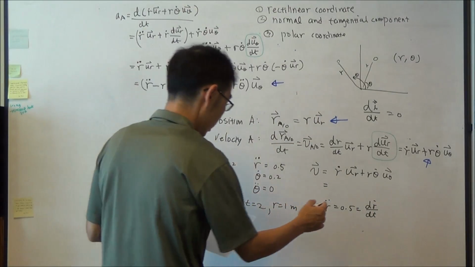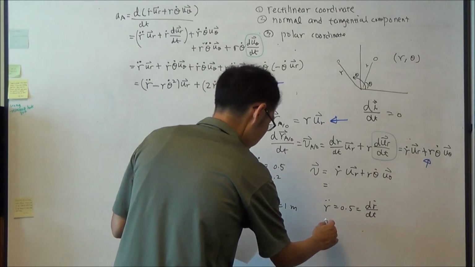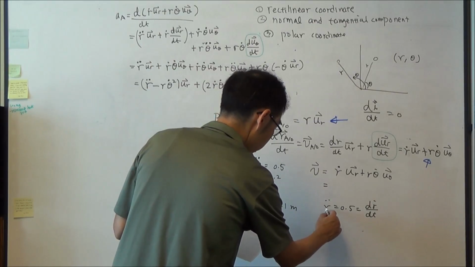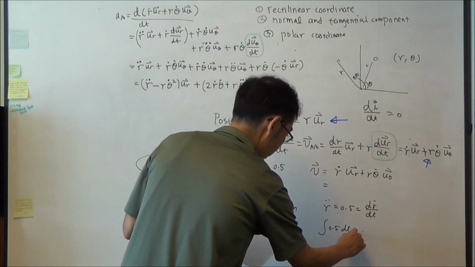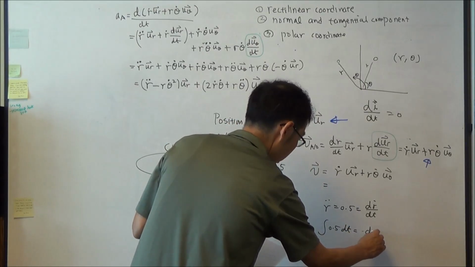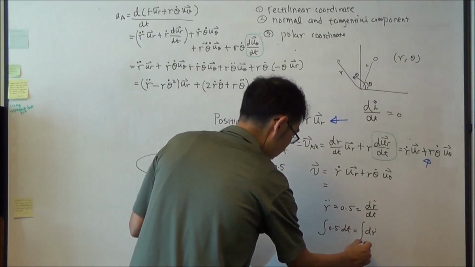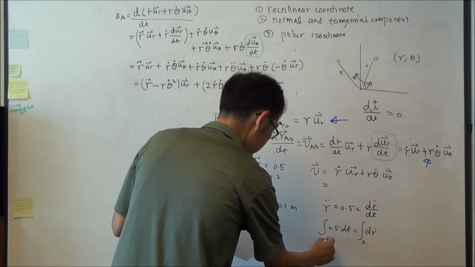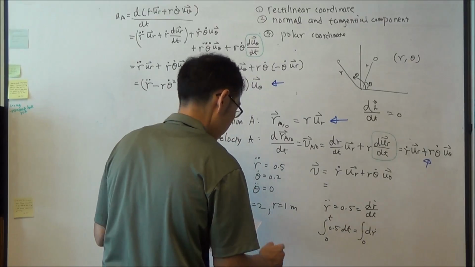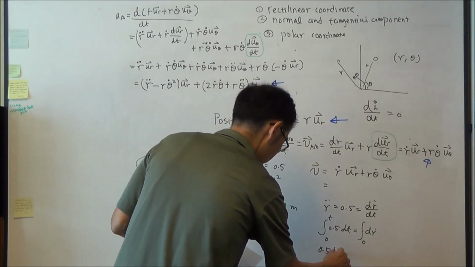So if I want to get r dot, I integrate 0.5 dt, from 0 to t, so 0.5 t.